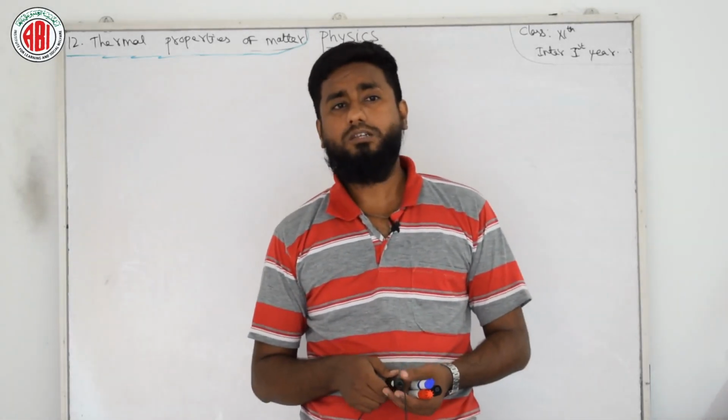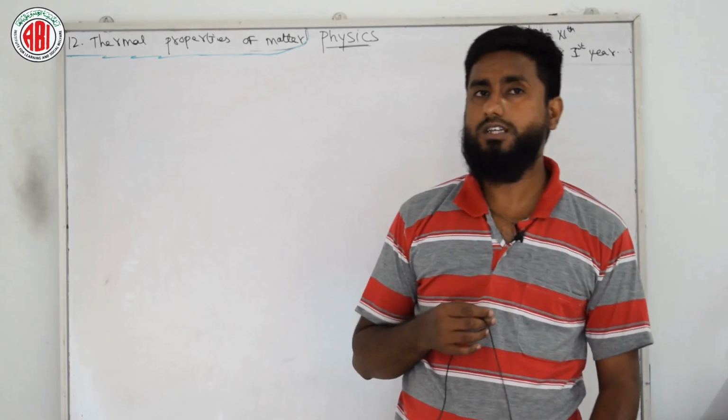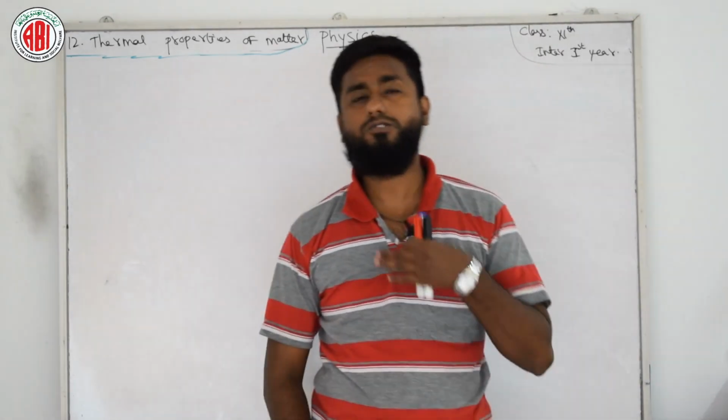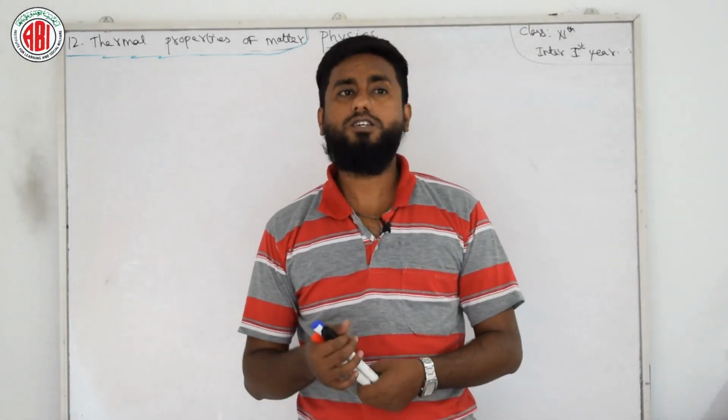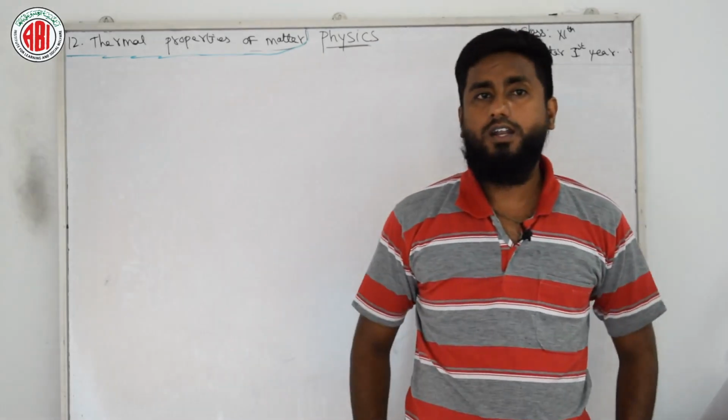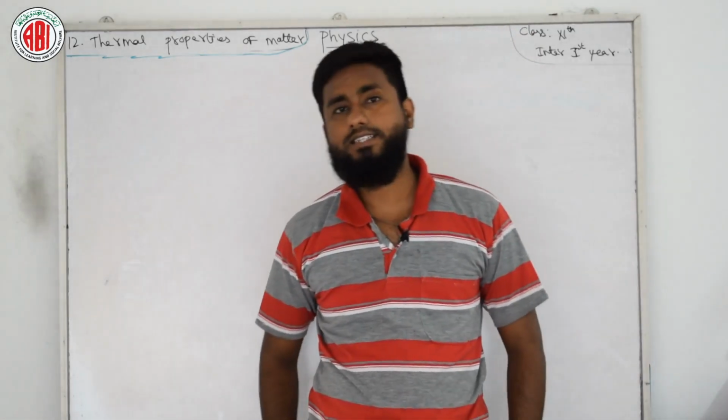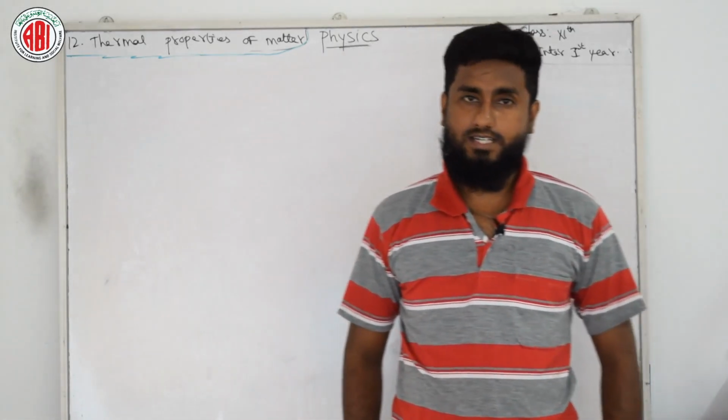Now I am going to explain a few very short questions and answers, and after that I will place them on your screen. First question is, what are the lower and upper fixing points in Celsius and Fahrenheit heat scales?